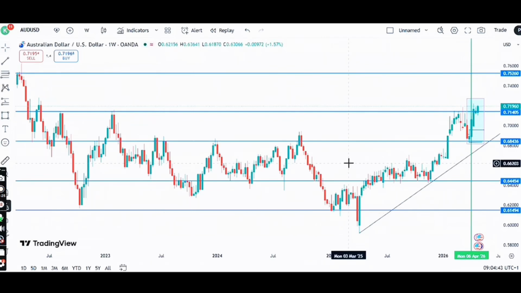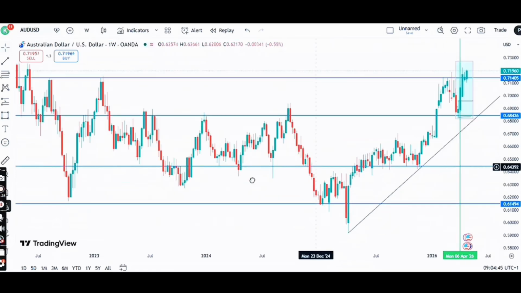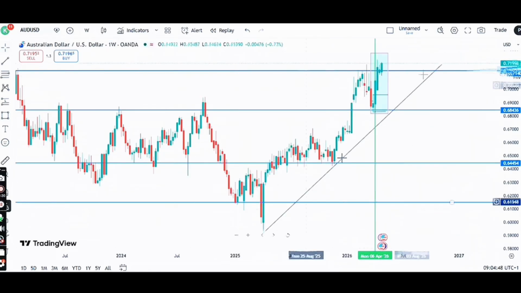When you mark off these particular levels, then the next thing is to find out the direction of the market. As you can see, currently the market is in an uptrend, and all these resistance levels will now turn to support levels for the market to go up. So that is why it is important to mark out these levels in your chart.